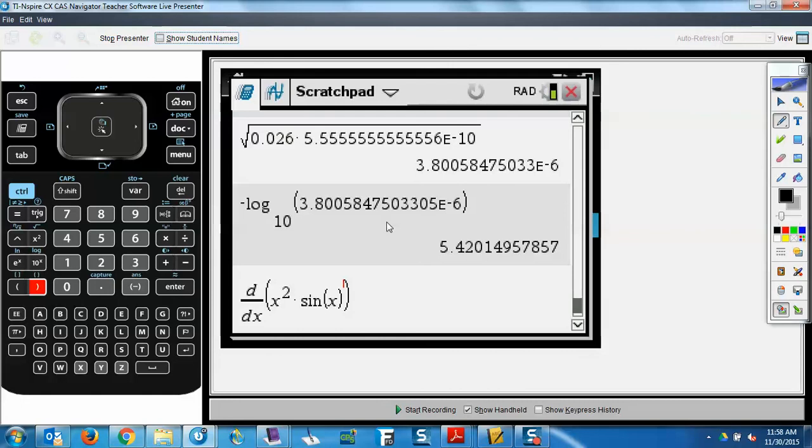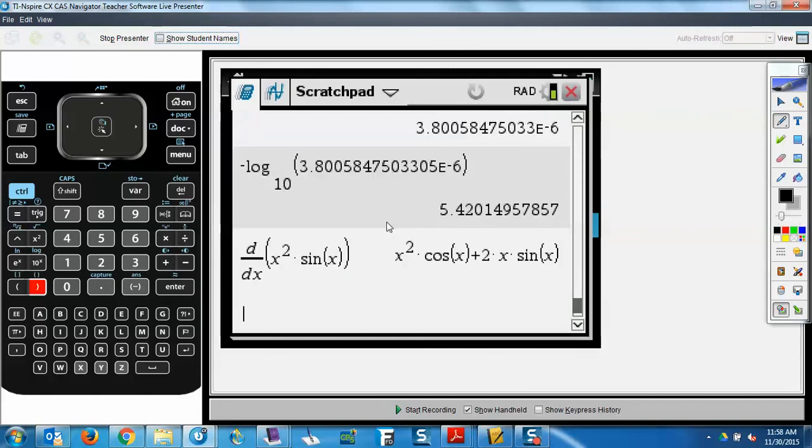Okay, hit enter. Now let's look at that answer. And let's see if we can figure out what happened there. Matt, what do you think? Okay, so it did like the derivative of one of the variables, and then it added the derivative of the other one of the variables by itself.